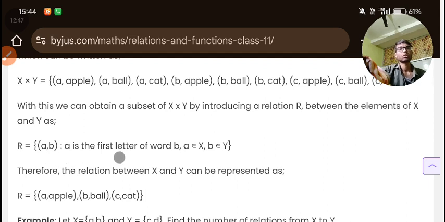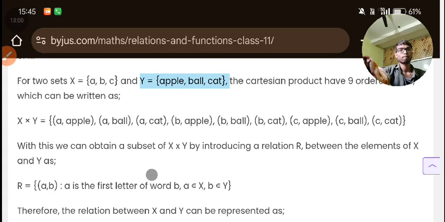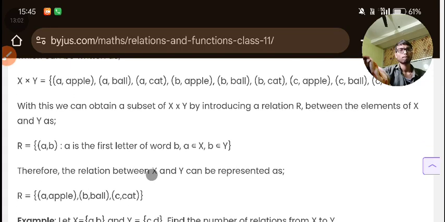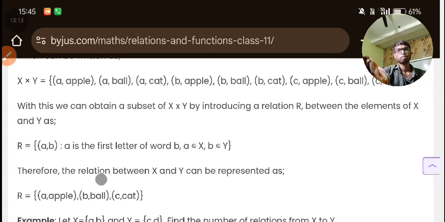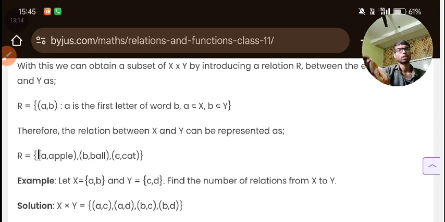Where a is the first letter of the word b. So a belongs to x and b belongs to y. A is the first letter of the word b. Even I didn't understand.